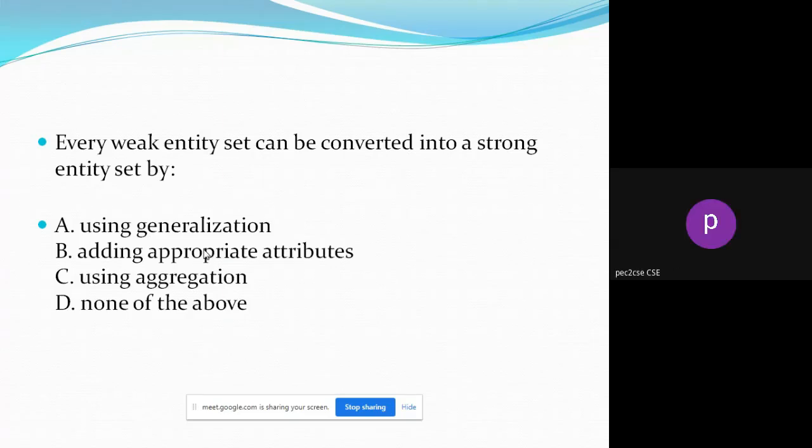Option B, by adding an appropriate attribute, you can make the weak entity a strong entity.